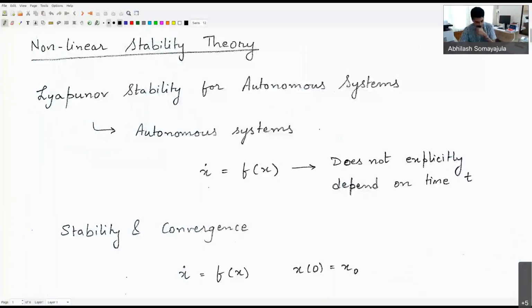Okay. So notice that today when we are covering nonlinear systems or nonlinear stability theory, we will only be discussing the results. We will not be going into proofs and mathematics. Okay, so I'll try to put the result out there and talk intuitively about what those results mean. We'll try to understand from an intuitive, geometric sense what he's talking about, but we really will not go into mathematical proofs.